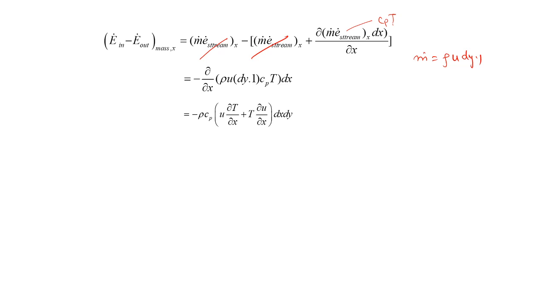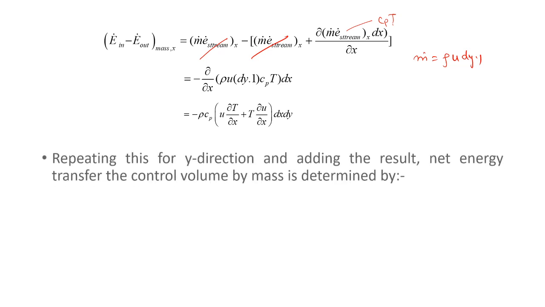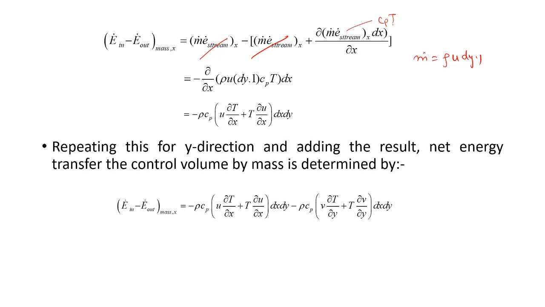Similarly, we do this mathematical calculation for the y direction, and adding, we have the complete result for x and y direction in terms of energy interaction with respect to mass. After solving this, we have only this term left, because this term and this term are taken together.